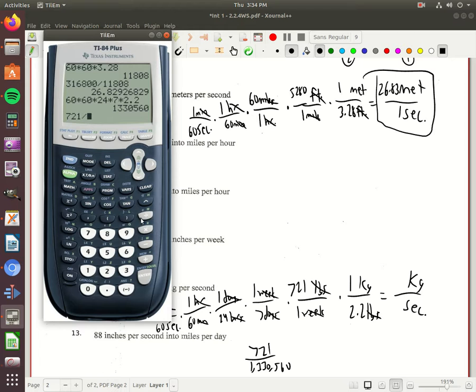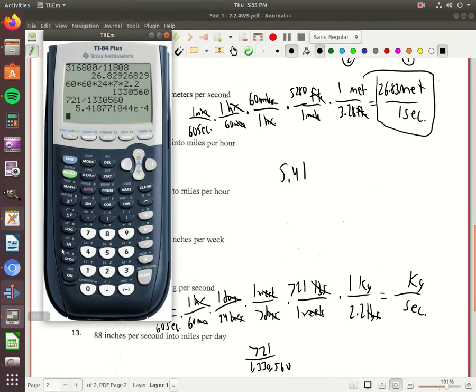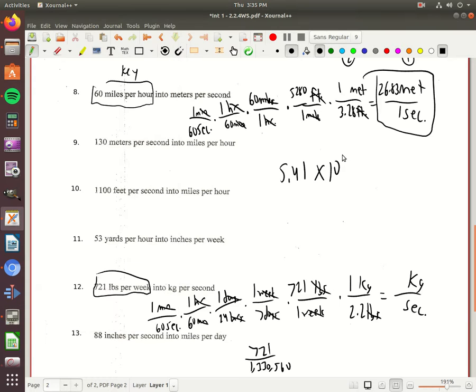And I'll just divide those. 721 divided by 1,330,560 equals, and this is scientific notation, so I'm actually glad this happened. So 5.41 times E, that means times 10 to the negative fourth.